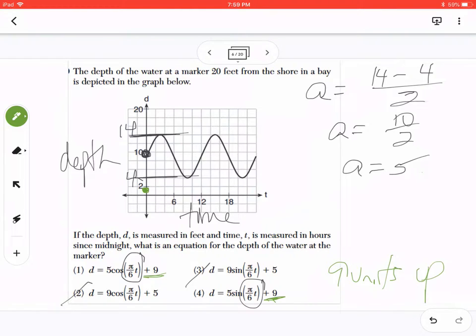I'm sorry, that first value actually is halfway between 8 and 10, so it's 9. So it's going to start at the origin if it goes 9 units up. It started at the origin and went up 9 units to 9.